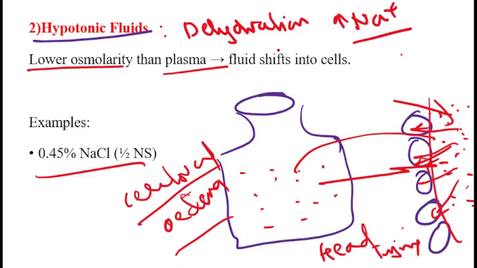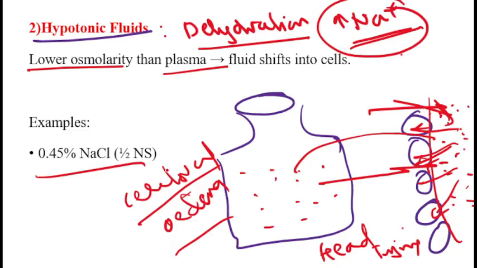In that condition, this fluid gradually causes hemodilution, maintains the serum sodium at a normal level, and expands the blood volume. It corrects the dehydration and maintains the normal sodium level in the blood. So hypotonic fluids are administered in dehydration and increased sodium level or increased plasma osmolarity.